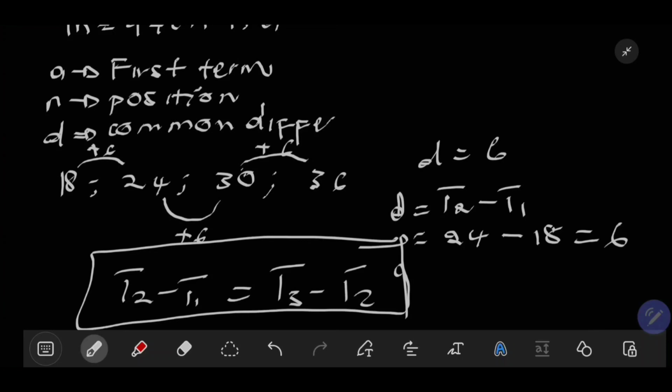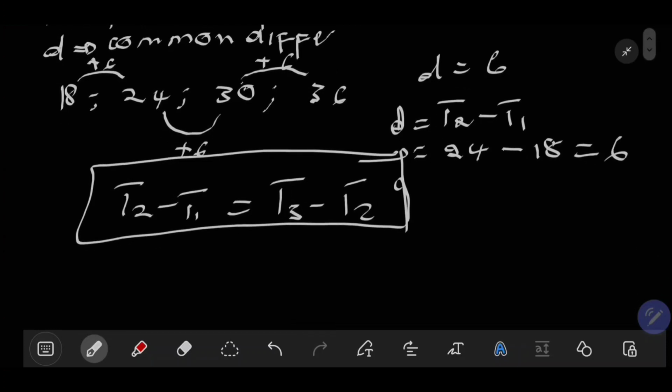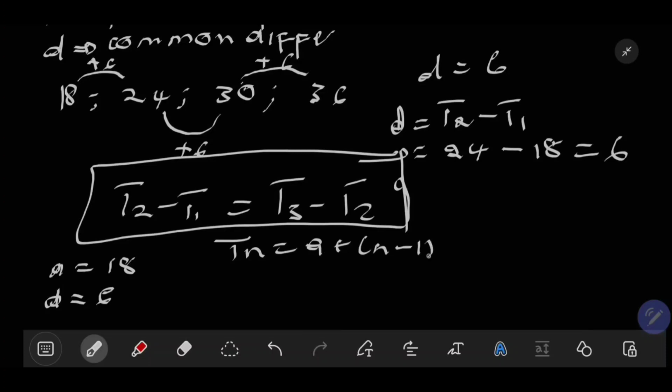From the pattern given, we can find the general formula. Already we know that A is 18 and D is 6. So Tn equals A plus (n minus 1) multiplied by the difference.